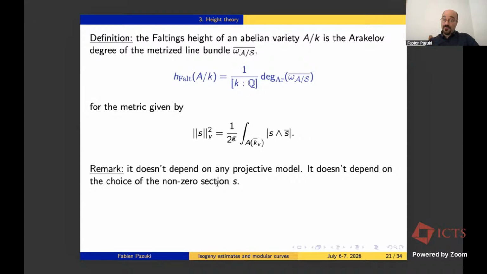So this needs a proof, of course, and to prove this, well, first you need to see what kind of ambiguity you have on S. The only thing you can do to S is multiply by some element. I mean, this is a dimension 1 object, so if you multiply by one element, the general formula defining the Faltings height or the Arakelov degree will be independent of this choice because of the product formula on your base field, which is a number field.